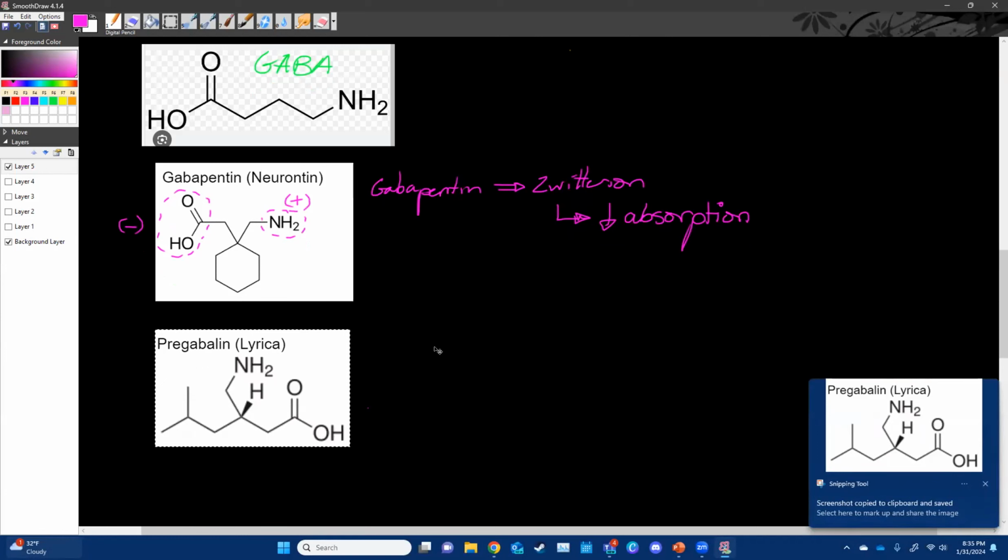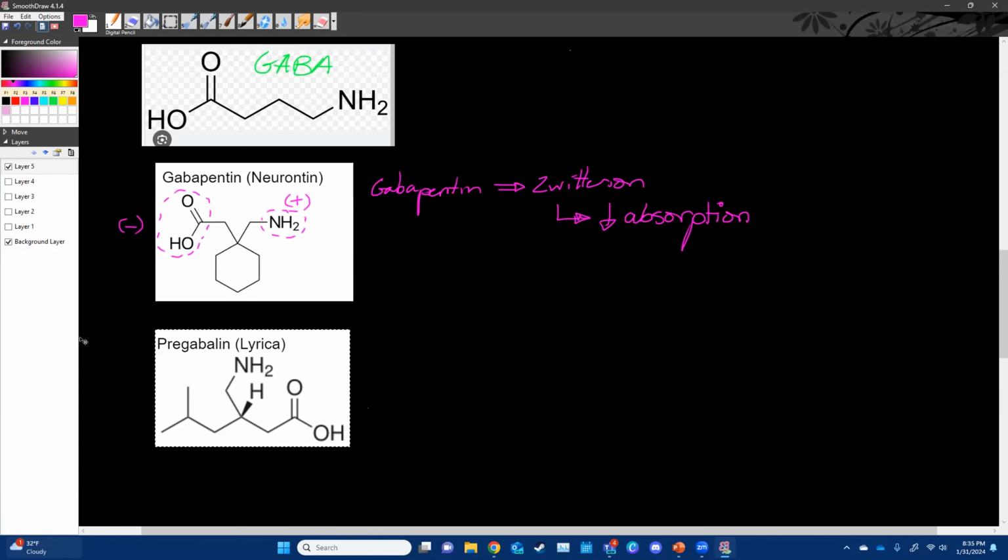Similar, where we are taking GABA but modifying the structure slightly, is pregabalin. Really, the utility of this is that we are still using the negative zone and the positive zone. So we still have the Zwitter ion, which is decreasing absorption.